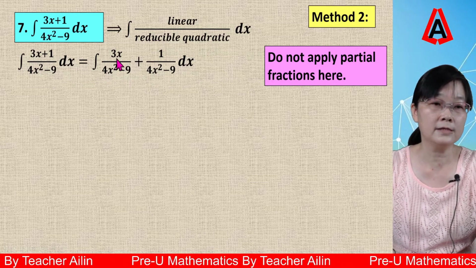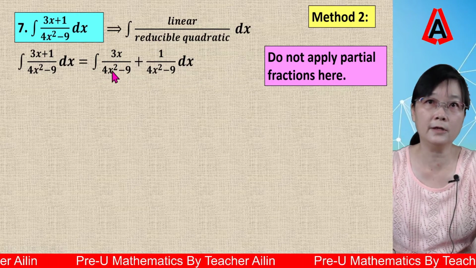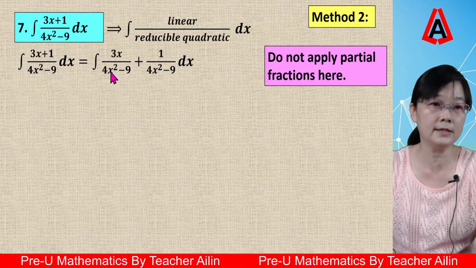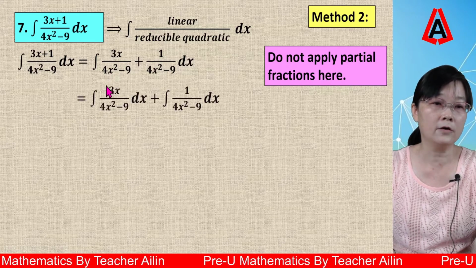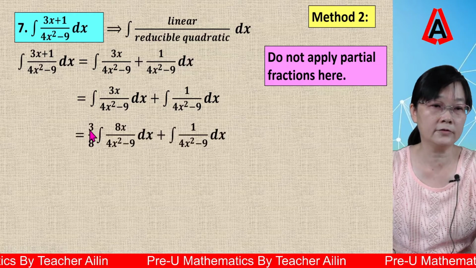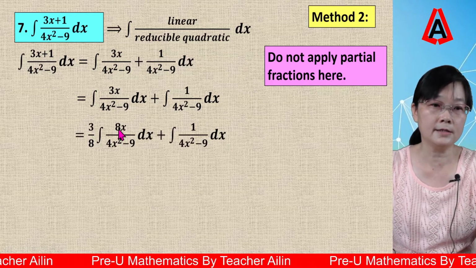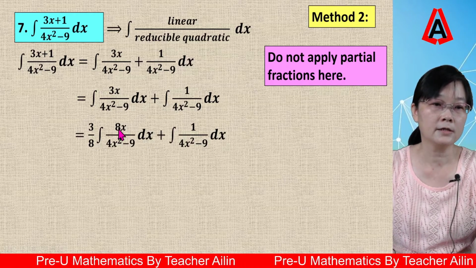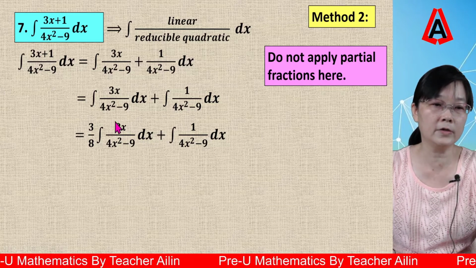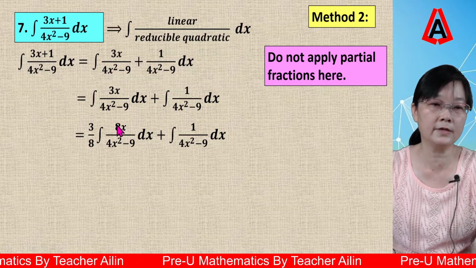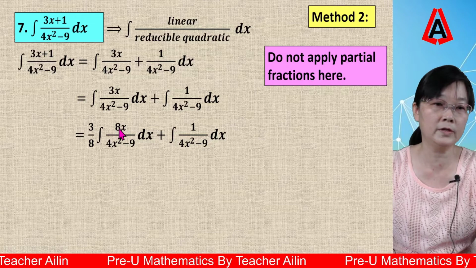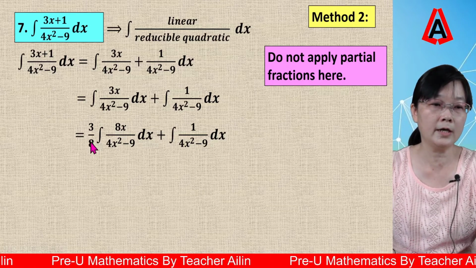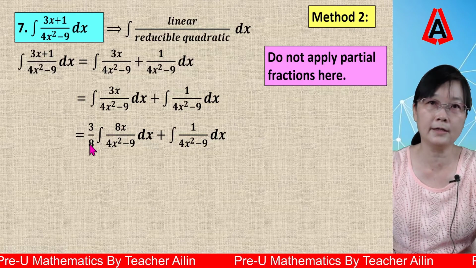For this one, since the derivative of the denominator is 8x, first I take out the 3, then I insert the 8, so that this numerator becomes the derivative of the denominator, and at the same time I must divide by 8 here.